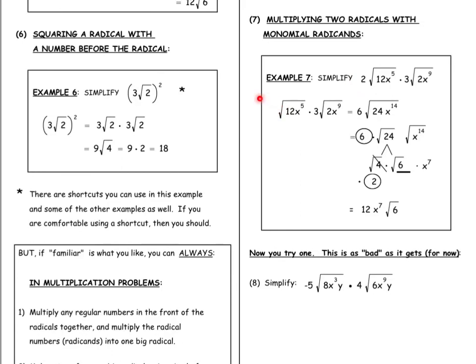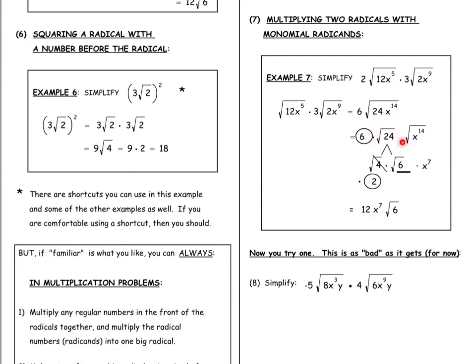It's so sad. So the 2 that's not here times the 3 that is here made the 6 that's supposed to be there. And the 12 times 2 made 24, and the x fifth times x ninth made 9 plus 5 is 14. So now I have a 6 on the outside, I have a rad 24 numerical, and I have a rad x 14th, algebraic.